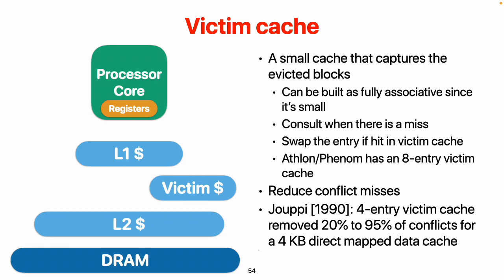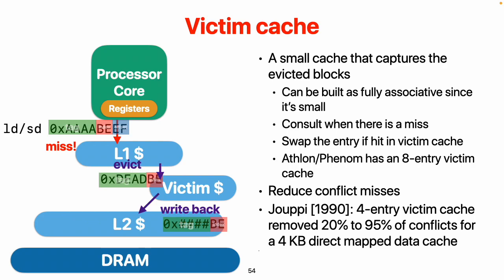The victim cache is called a victim cache because, unlike the miscache, it does not get a block every time there is a miss. It only gets a block when the block is evicted from the L1 cache. So the way a block enters the victim cache is different from the miscache. For the miscache, a block enters when a miss is triggered, and the missing block has another copy in the miscache.